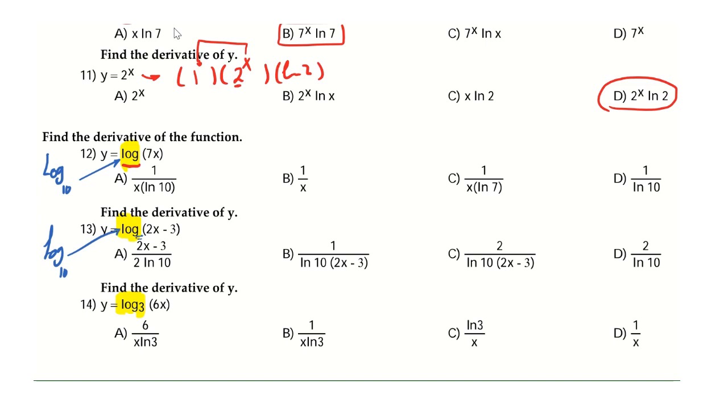So if it's log without any base, it's log 10. In the log, the derivative is: you put down the function 7x, its derivative up, and you multiply by ln of the base, and the base here is 10. By simplifying, I cancel 7 with 7, so it's 1 over x ln 10.